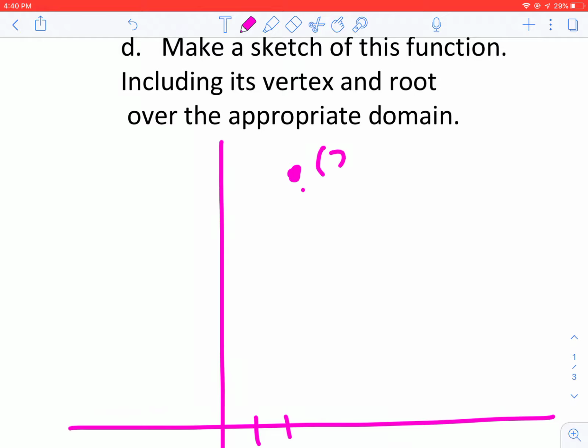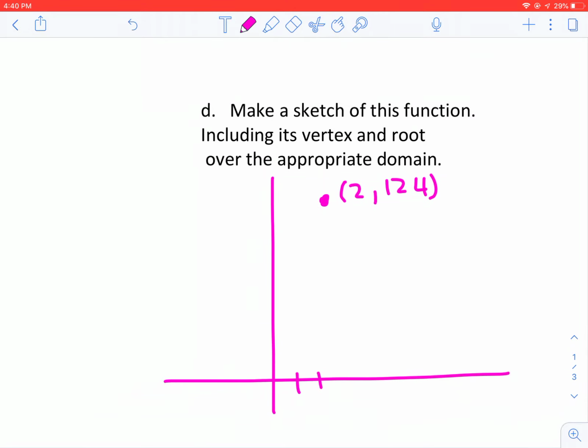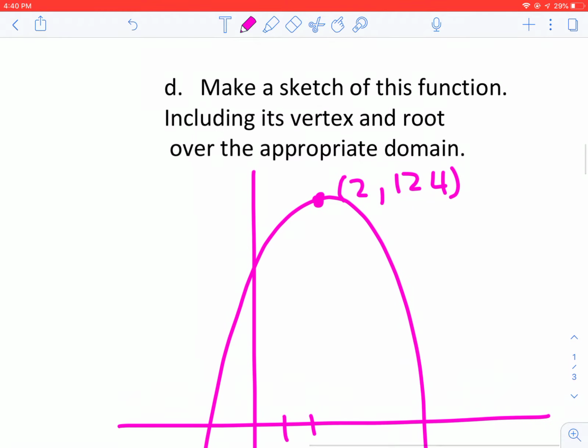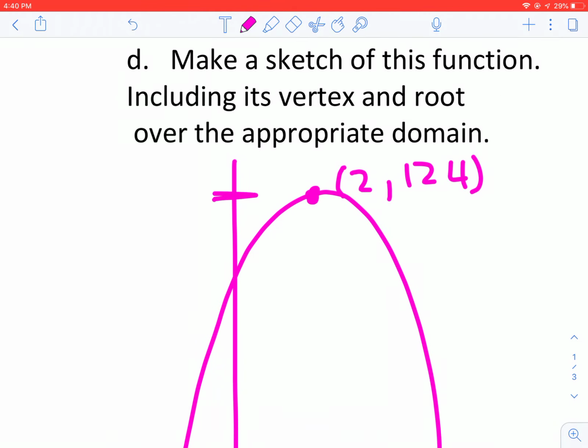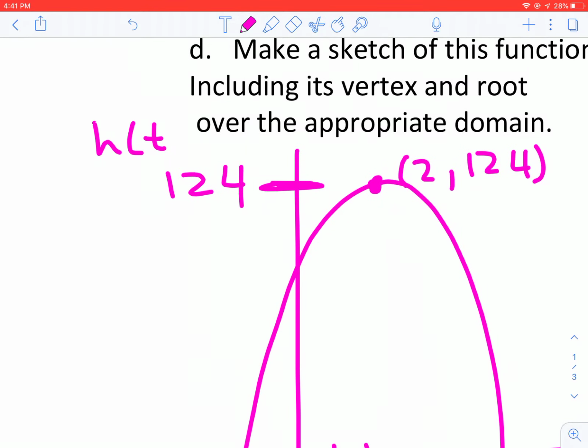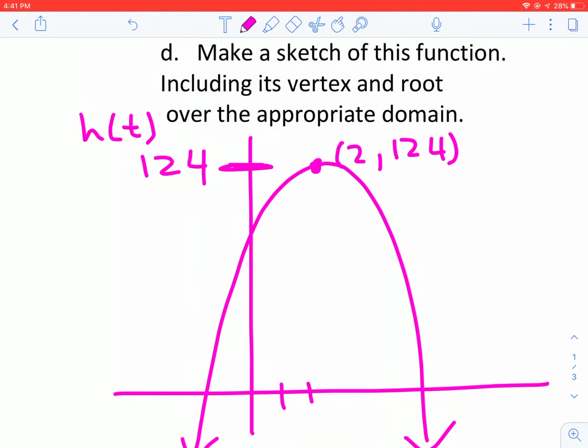So let's say it's right there. If this is our parabola, something like this, that's our parabola. Isn't this our max height? That 124, not really our y value, but our h of t value, that's the height. That's our max height of 124.